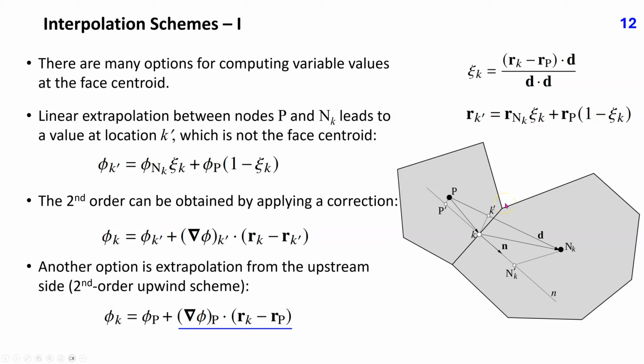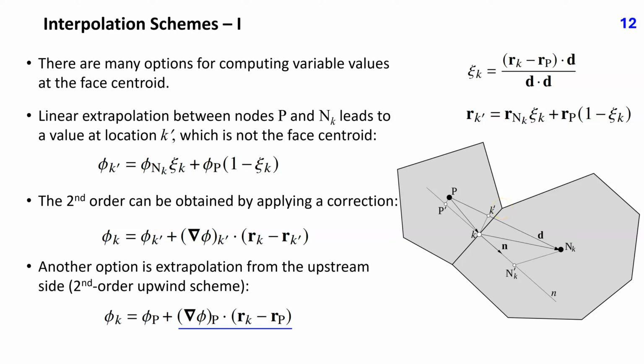Using this value as an approximation for the value at face center reduces the order of approximation to first. The second order can be obtained by applying a correction based on Taylor series expansion. We add to the value at K prime the scalar product of the gradient at K prime with the distance vector connecting K prime with K.